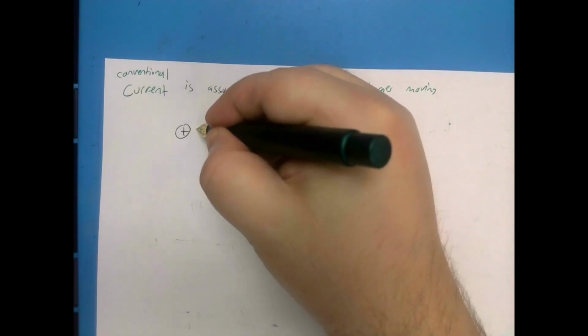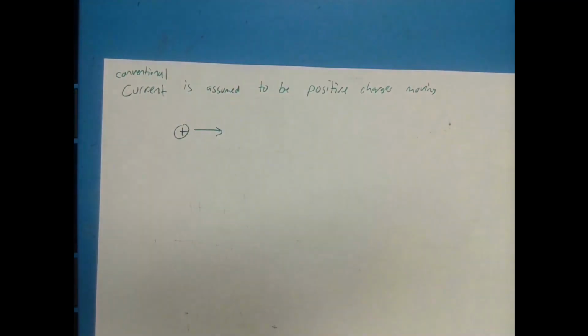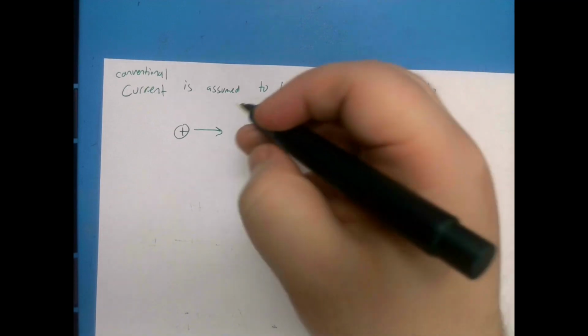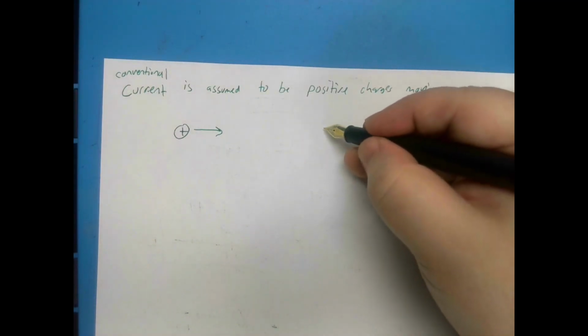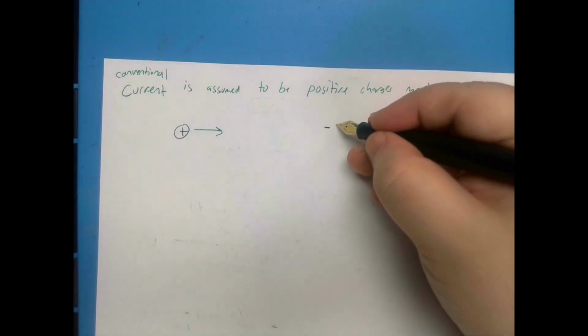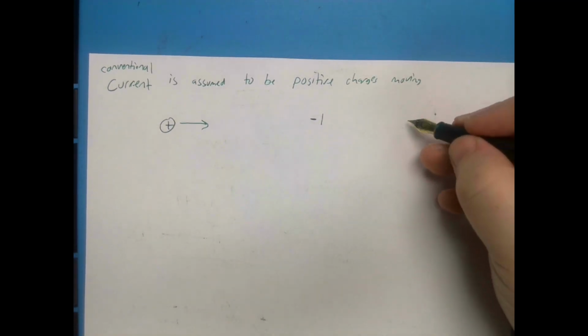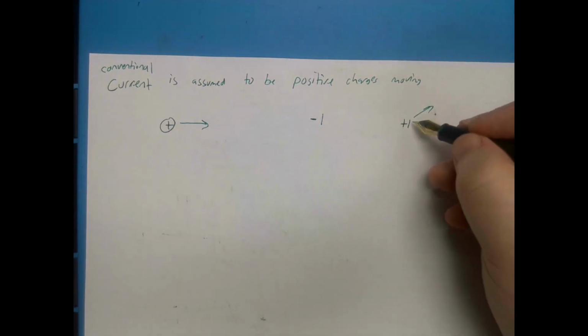A positive charge moving to the right, so if we have, for example, let's say we have a +1 pointed in this direction.